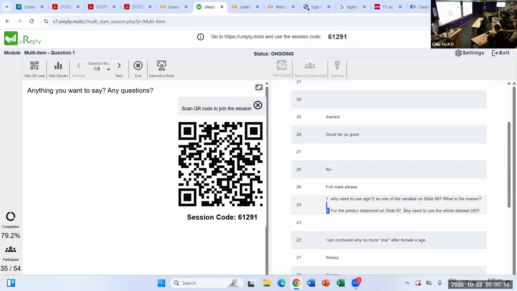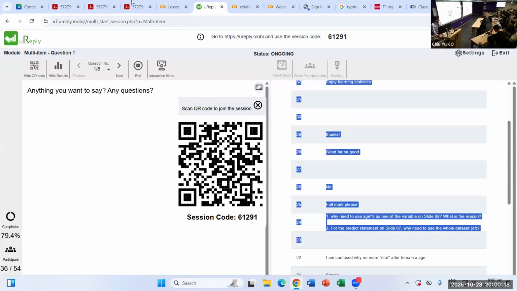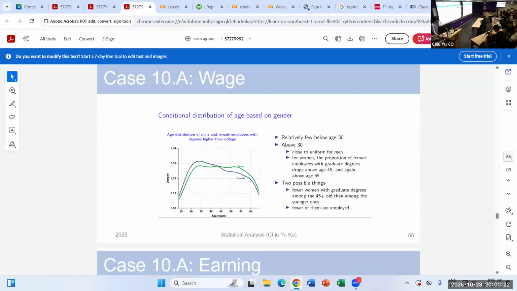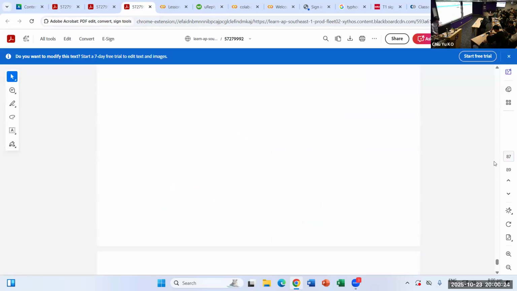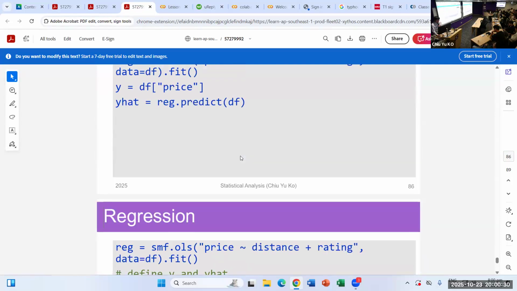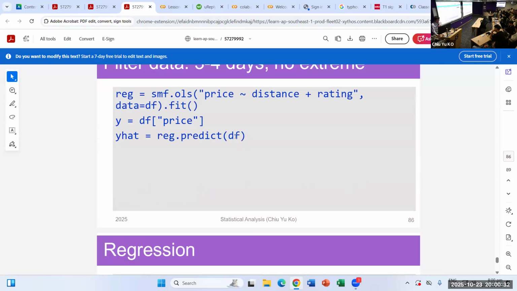And for the prediction of 87, why do I use the whole data set? Why is it DF?